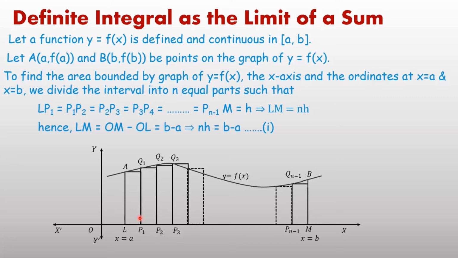Therefore the total area under the curve we can write as: width of the rectangle is h, height f(a), so h into f(a), plus the second rectangle, again width is h into height f(a+h), because the coordinates of point Q1 are (a+h, f(a+h)). Similarly next h into f(a+2h). Similarly write down the area of all rectangles.